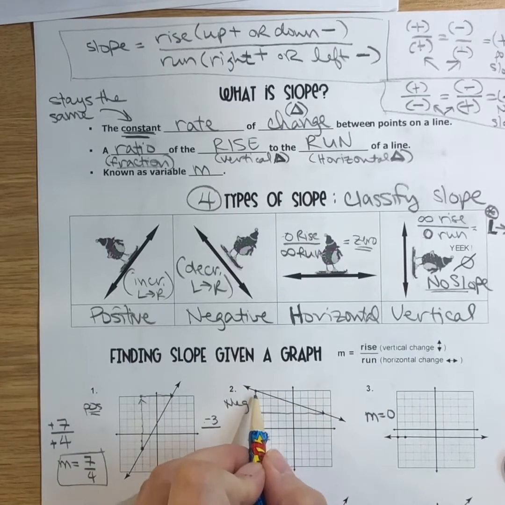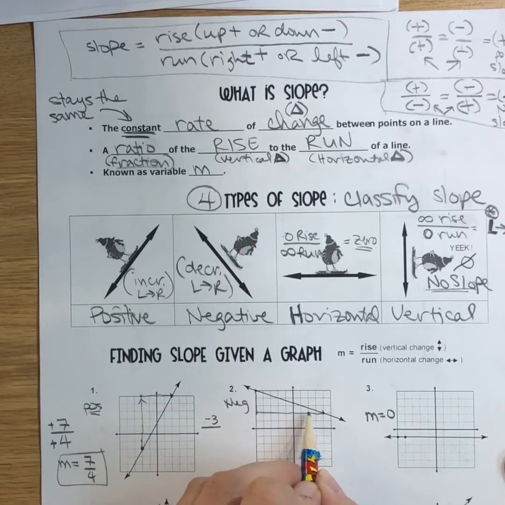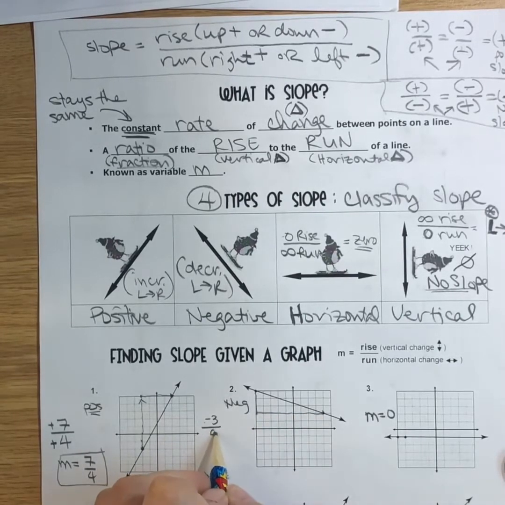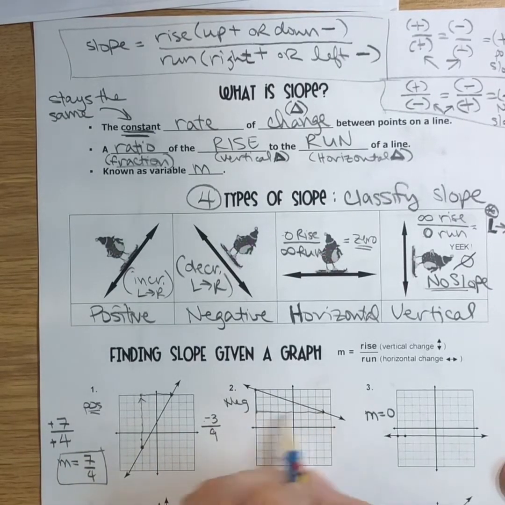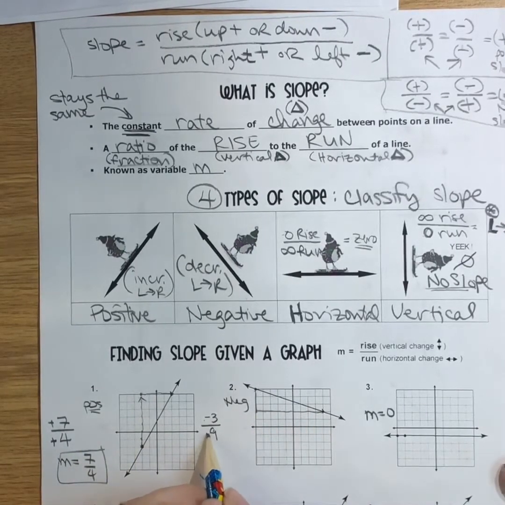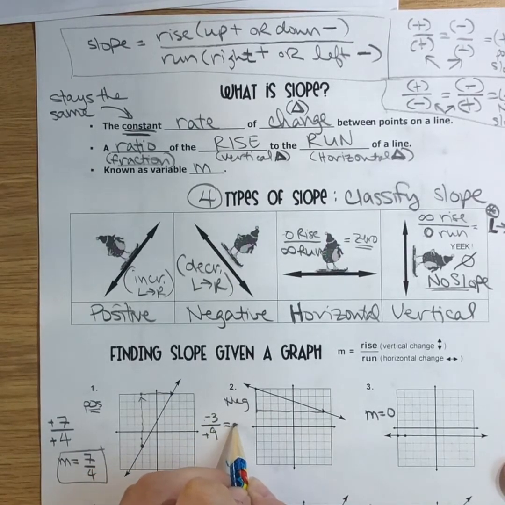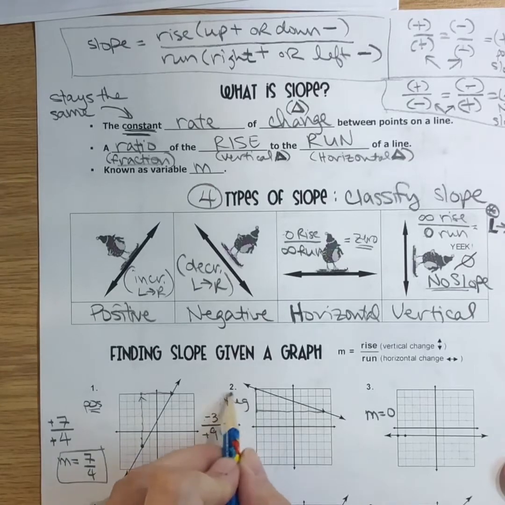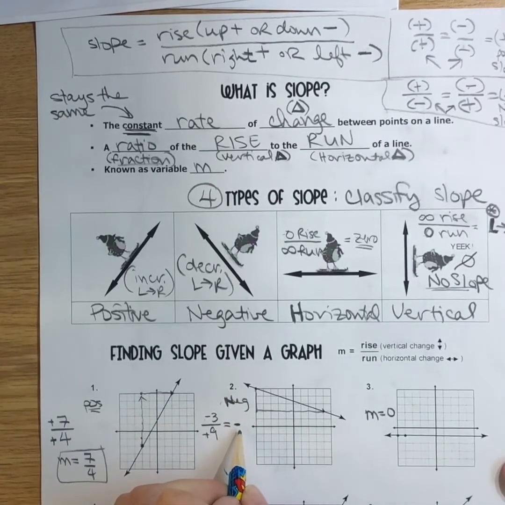Over, and then after I get here, I start at 0 and count 1, 2, 3, 4, 5, 6, 7, 8, 9 horizontally to the right. Since it's to the right, it's a positive 9. And we know a negative divided by a positive is going to give us an overall negative slope, which is what we classified it as. We just have to remember to have that negative, okay?